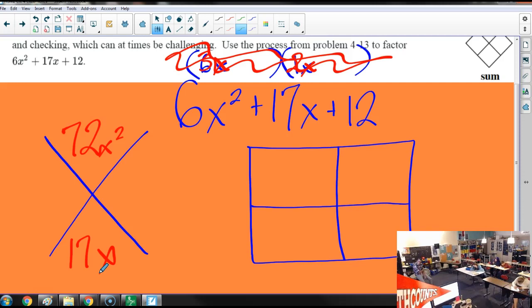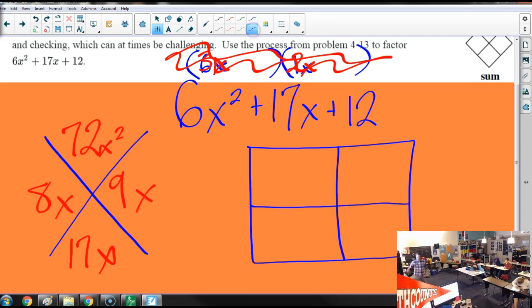So 5 doesn't work. 4? 4 could work. 8? 8 and 9. Oh, 8 and 9. I forgot about those guys. So 8 and 9 add up to 17, and they multiply to 72.